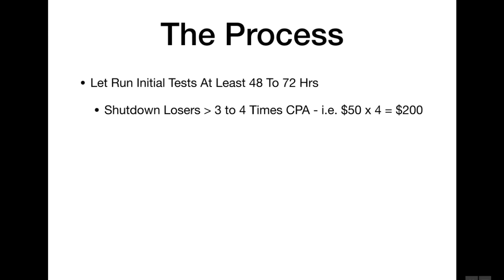If we go back, that means my average order value would be $100. And if I'm aiming for 100% ROI, my cost per acquisition on the front end has to be half of my average order value. So it's $100 divided by 2, that's $50. I would multiply that by 3 or by 4. By 3 would be $150. By 4, $200 before I shut down any specific ad set.